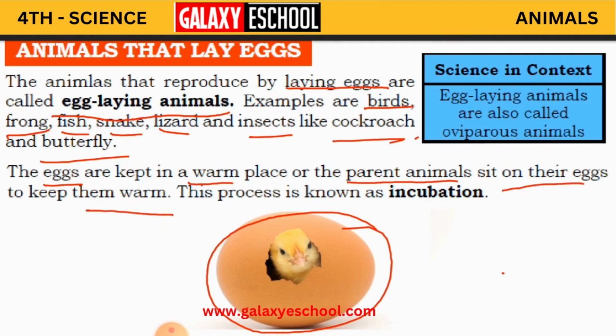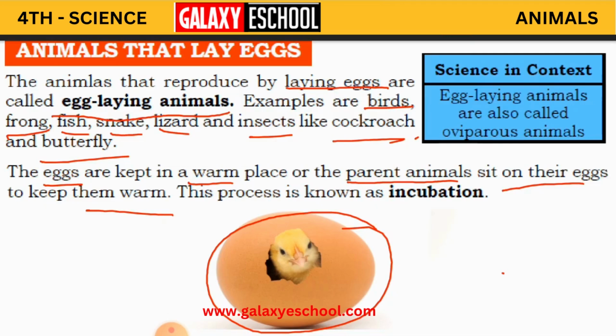How does this happen, children? Whatever eggs the bird or the insects have laid, they keep in a warm place. Or sometimes, if you have observed the hen, what will it do? It will sit on the eggs.